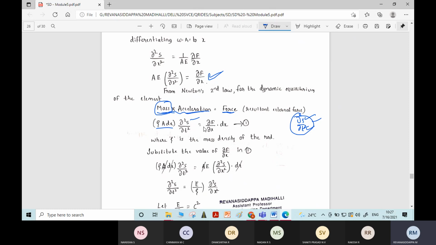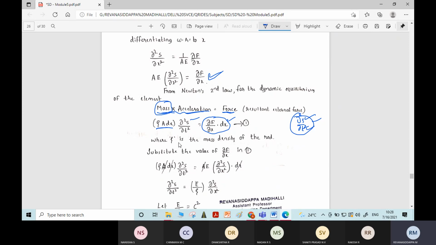Therefore this force is partially differentiated with respect to x and multiplied by the corresponding length of the elemental strip, dx, and you will get the force in the elemental strip. Therefore it is written as del F by del x into dx. This is the force in the elemental strip, this is the mass of the elemental strip, and this is the corresponding acceleration.